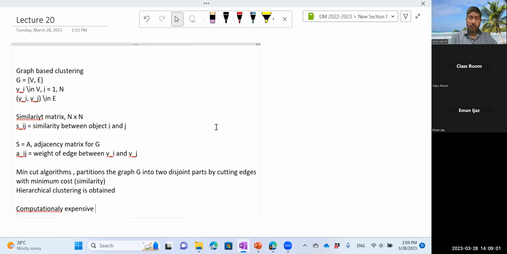And of course, if you have many edges, the computation of this min cut becomes computationally very expensive. So one of the desirable characteristics, one of the things that we like to have in a graph before you apply any graph algorithm, including min cut, is that the graph should be sparser. It should not be fully connected, meaning that there are fewer edges.